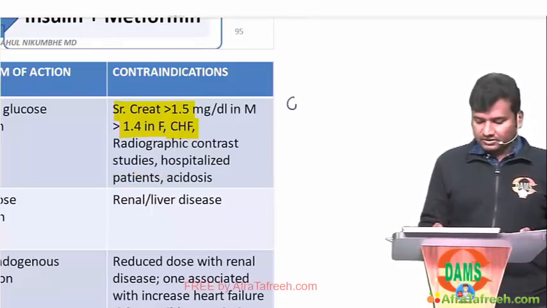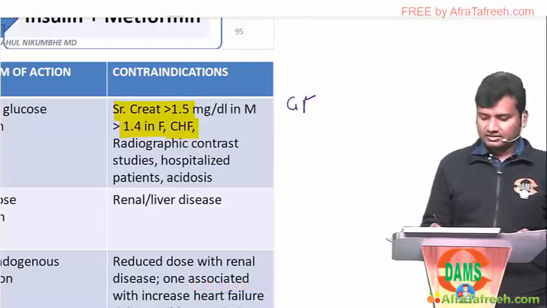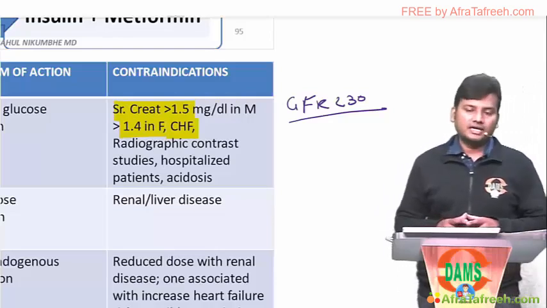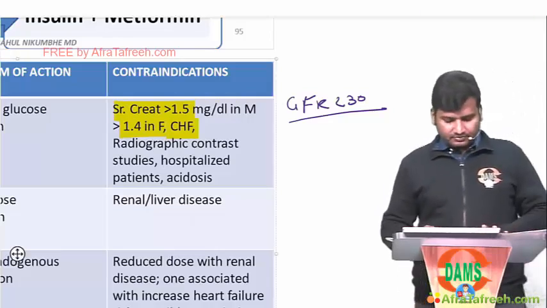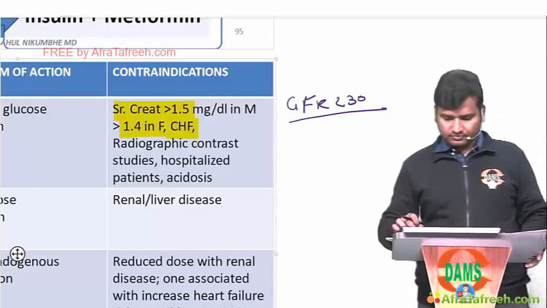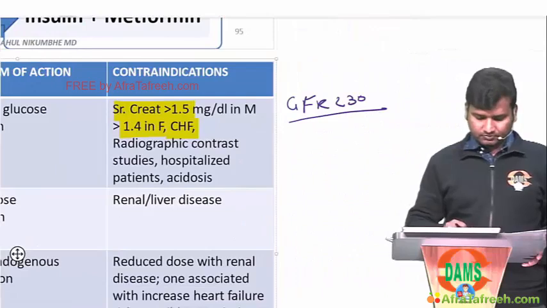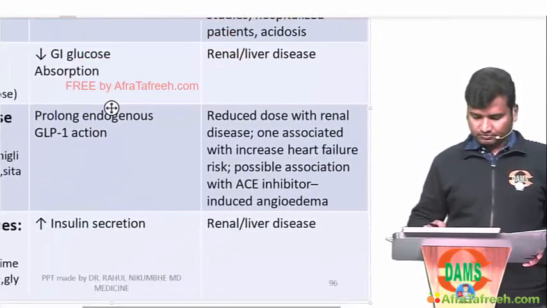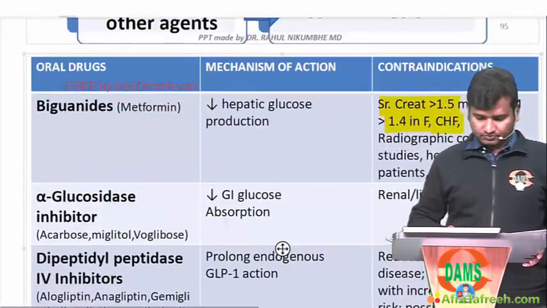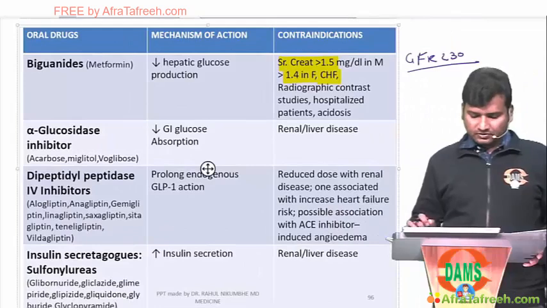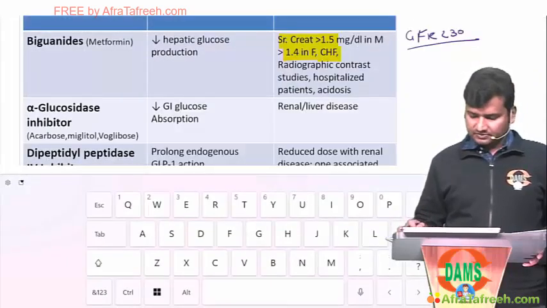So remember, GFR less than 30, GFR less than 30, it is the contraindication for metformin according to the new guidelines. Next, alpha glucosidase inhibitors.